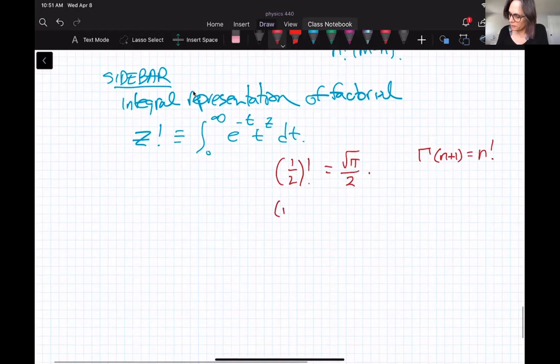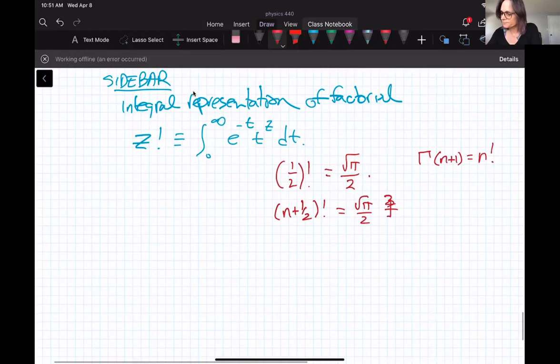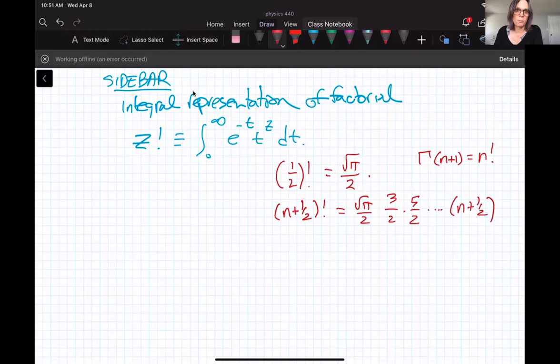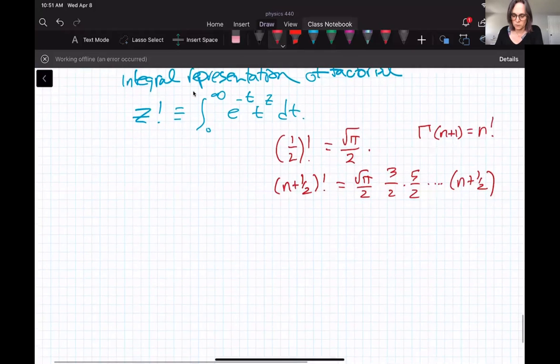And n plus 1/2 factorial is equal to root pi over 2 times 3/2 times 5/2 up to n plus 1/2. Okay, so for positive values, you have that.